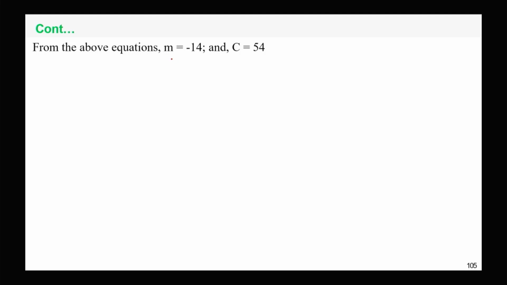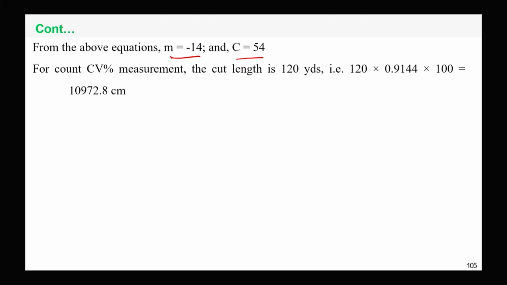So m becomes minus 14 and C is 54, and in a similar way we can calculate the CV percent at 120 yards. So cut length, 120 yard, if we convert, becomes 10,972.8 centimeter.